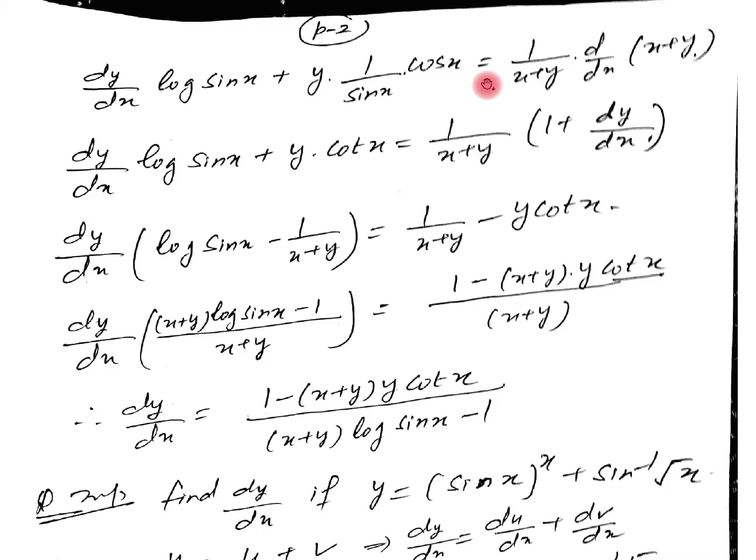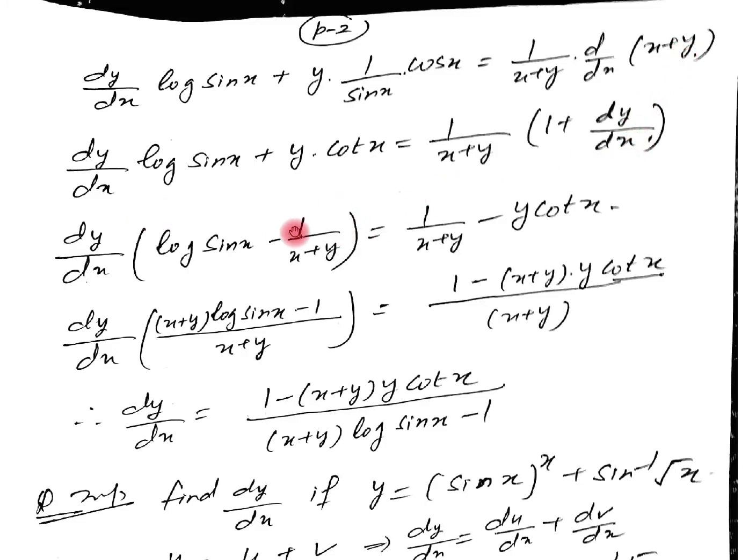Similarly, on the right hand side, the derivative of log x plus y is 1 upon x plus y into the derivative of x plus y. Then simplifying, dy by dx log sine x plus y cos x upon sine x, which can be written as cot x, is equal to 1 upon x plus y, into the derivative of x plus y. The derivative of x is 1 and the derivative of y is dy by dx.